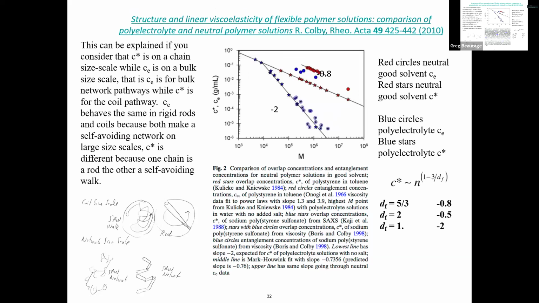Because the rheology measurement is a bulk measurement, it sees that polyelectrolyte mess as a good solvent mixture of random walk coils that are hooked together, the random walks being made up of rods. And when you look at a small scale, you see rods.